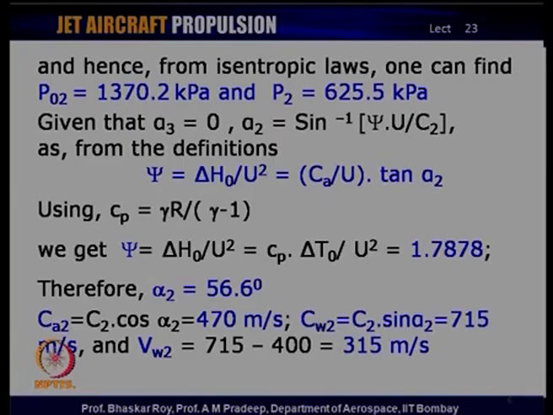Now, Cp, of course, from thermodynamics we know is gamma R divided by gamma minus 1, and if we plug in all those values, the stage loading psi can be computed as 1.7878, and this is of course a non-dimensional parameter, and this number is often an indication of the amount of loading that you can prescribe for a particular stage.